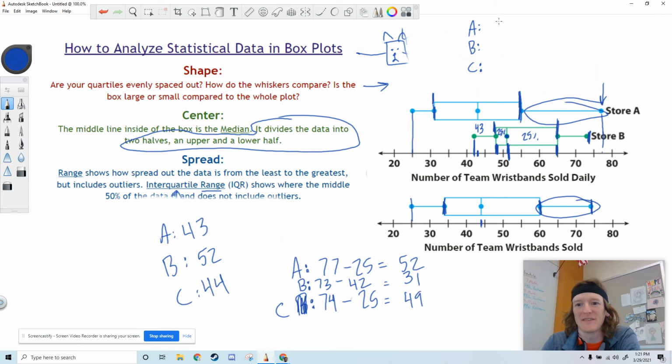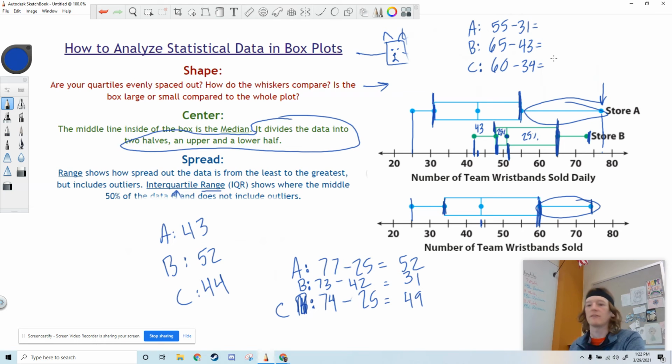It's going to be 55 is the upper minus 31. B, the interquartile, goes from 65 to 43. And C, the new one down here, we go from 60 to about 34.